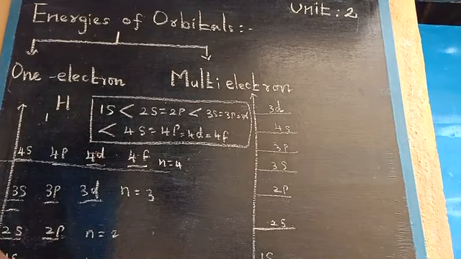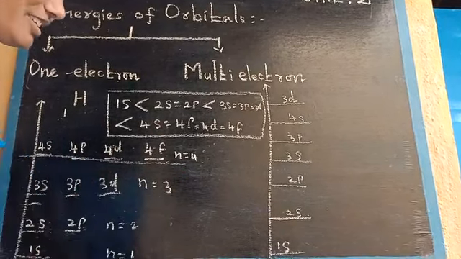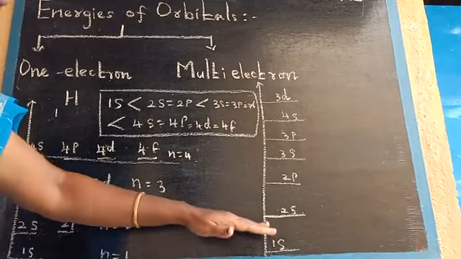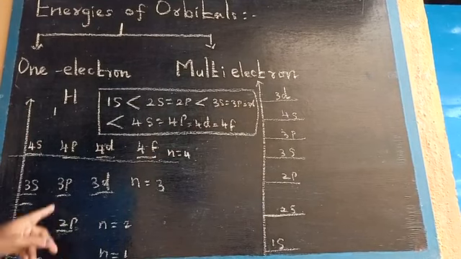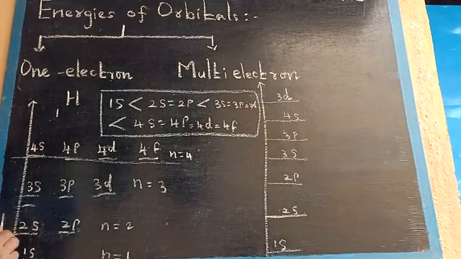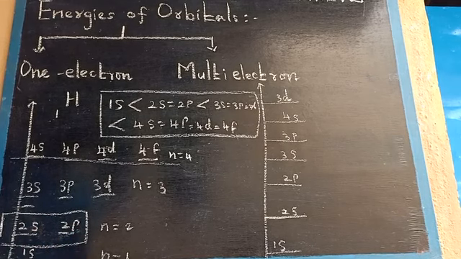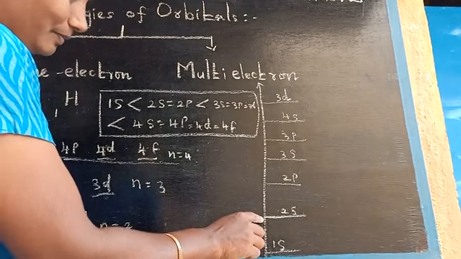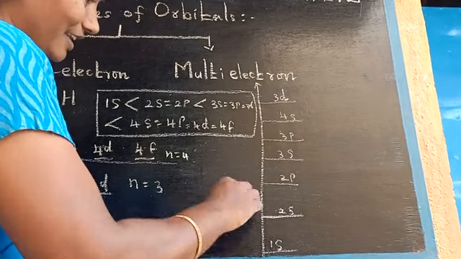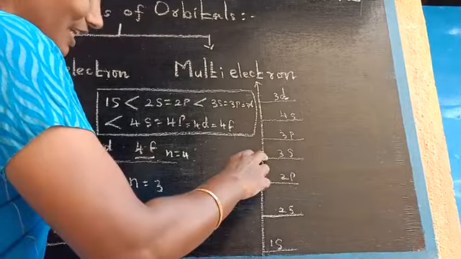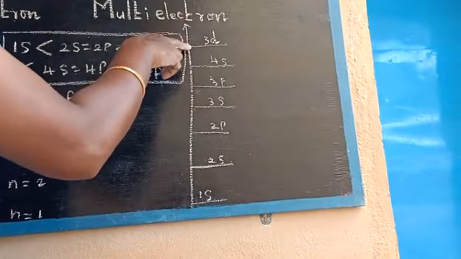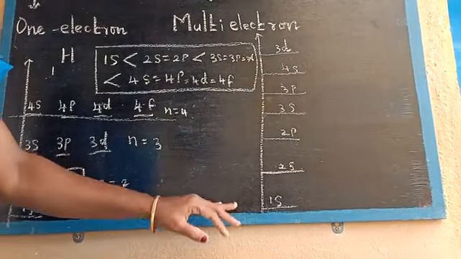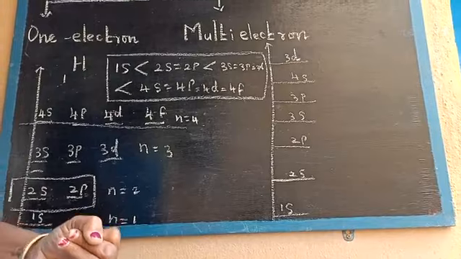First question, why does this variation occur? There are three reasons, based on which the energy level is split. In a one electron system, 2s and 2p have the same energy level. But in a multi-electron system, 2s is lower and 2p is at a higher energy level. Very clear, children? Same way for 3s, 3p, but 3d is present in between, near the 4s orbital. Are you clear, children? So now why this way? First question, why does this variation occur?